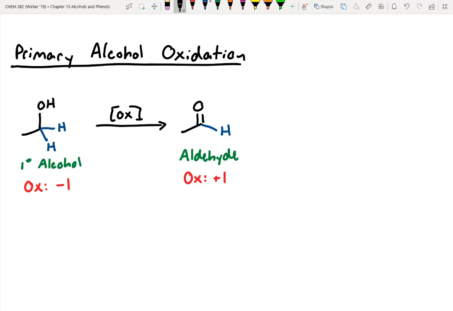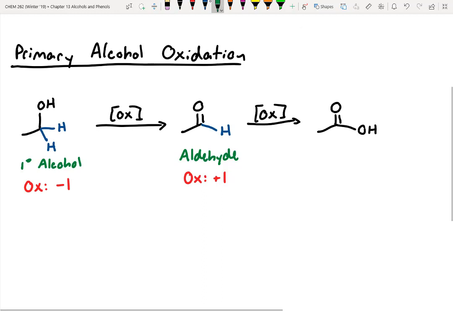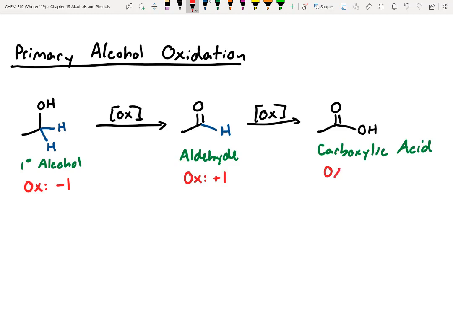But the weird thing with this is you can continue to oxidize this. And if you oxidize it and remove that last hydrogen, you can convert this all the way to a carboxylic acid. And this has an oxidation state of +3 for that central carbon.